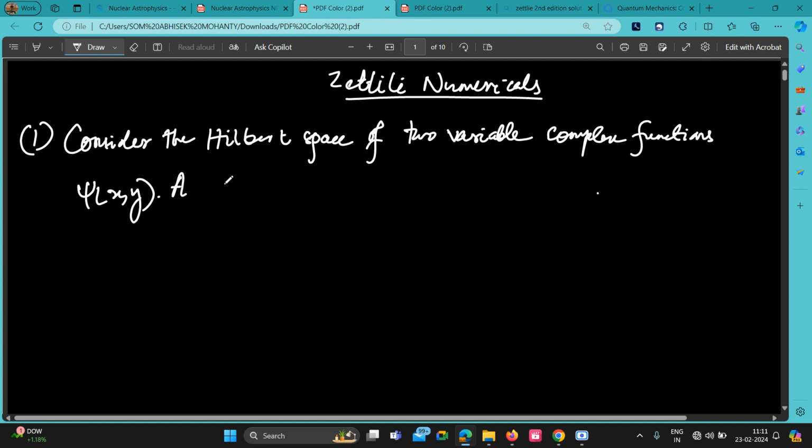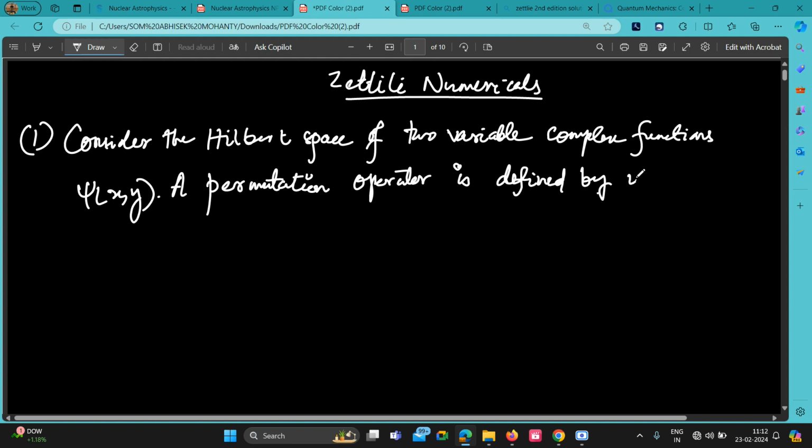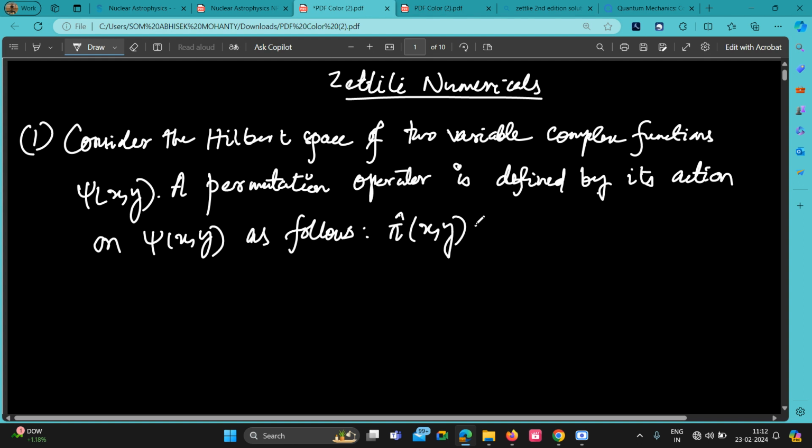A permutation operator pi is defined by its action on psi xy as follows: pi psi xy is equal to psi yx.